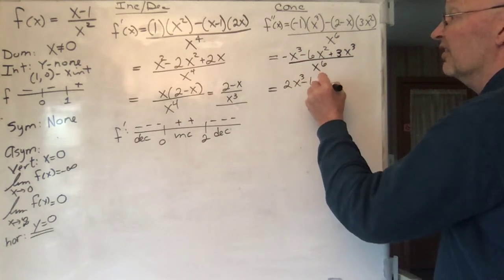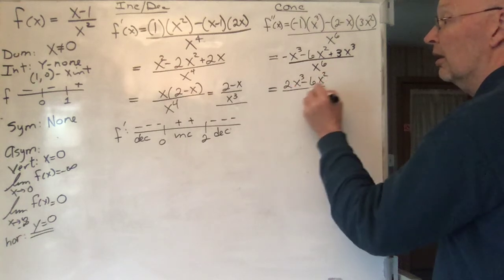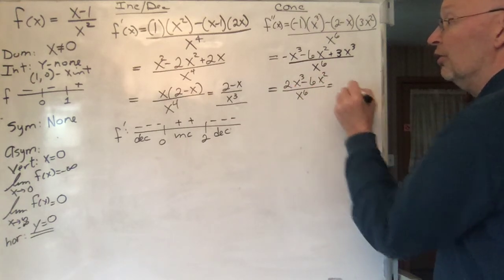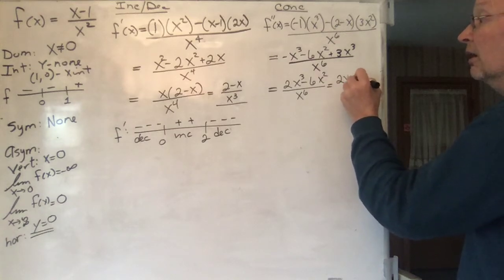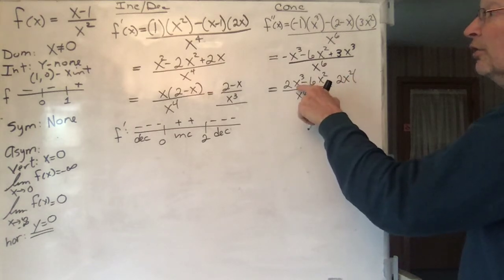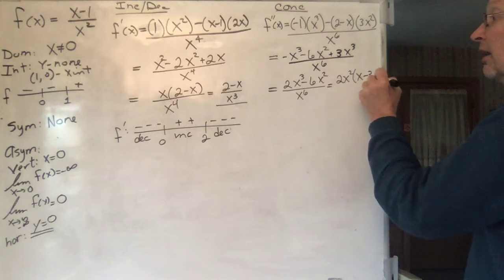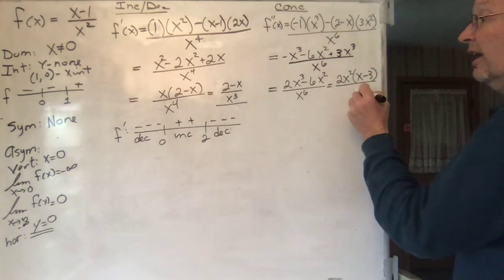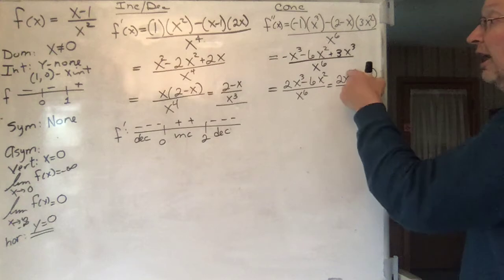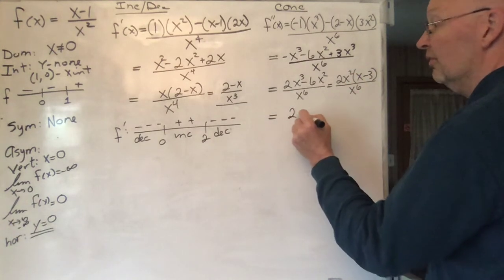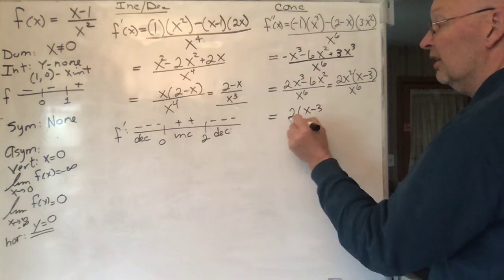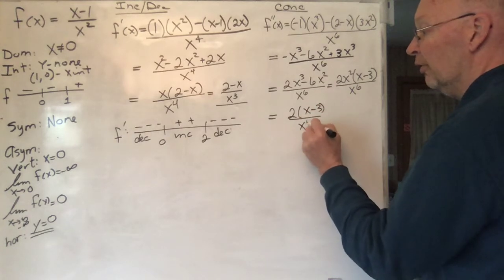And then minus 6x squared. Let's factor 2x squared out. And if you do, you're going to be left with x minus 3, and x to the 6th down here. And then 2 of those x's cancel out, and you're left with 2 times x minus 3 over x to the 4th.